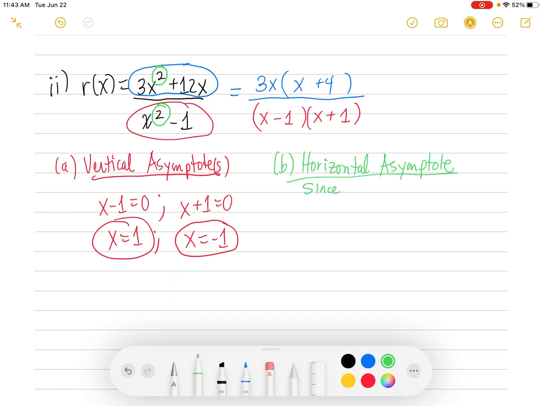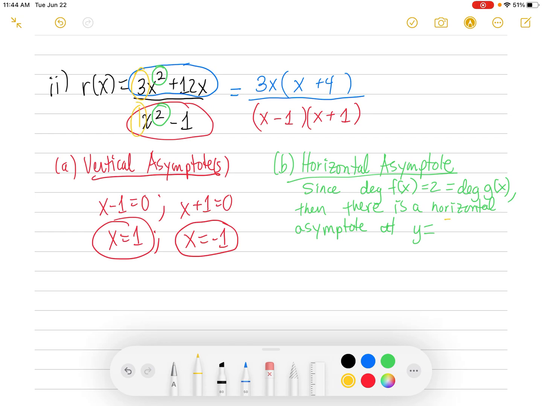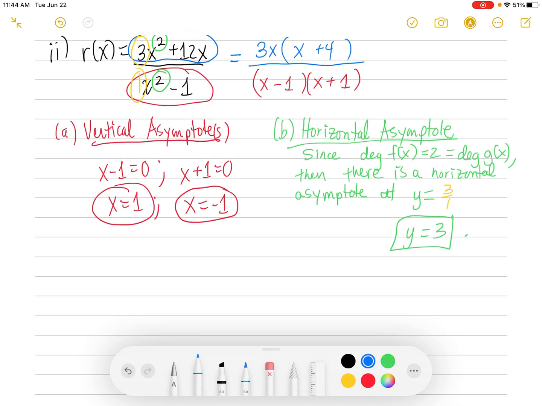So since the degree of the top, I'm going to call it f of x, is 2, which is the same as the degree of the bottom, I'm going to call that one g of x, then there's a horizontal asymptote at y equals, so we're going to take the leading coefficients and take the ratio, 3 over 1. In other words, at y equals 3 over 1, which is 3.